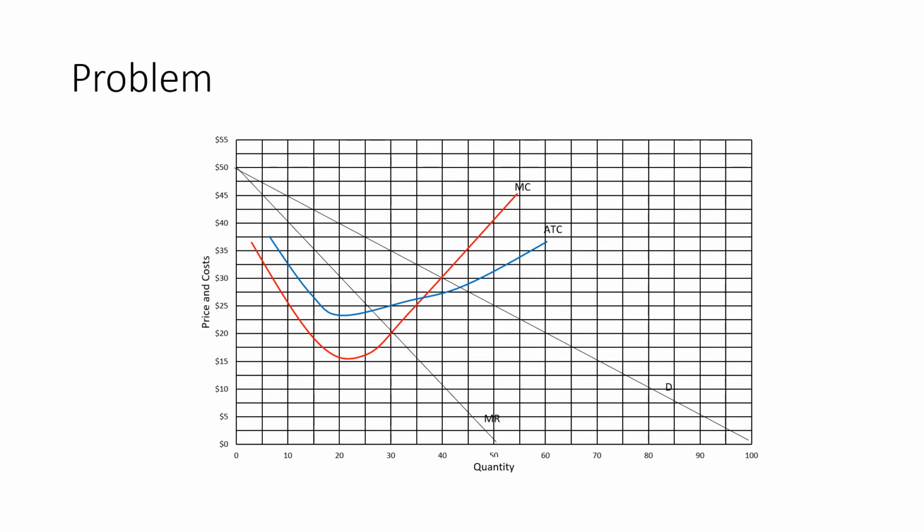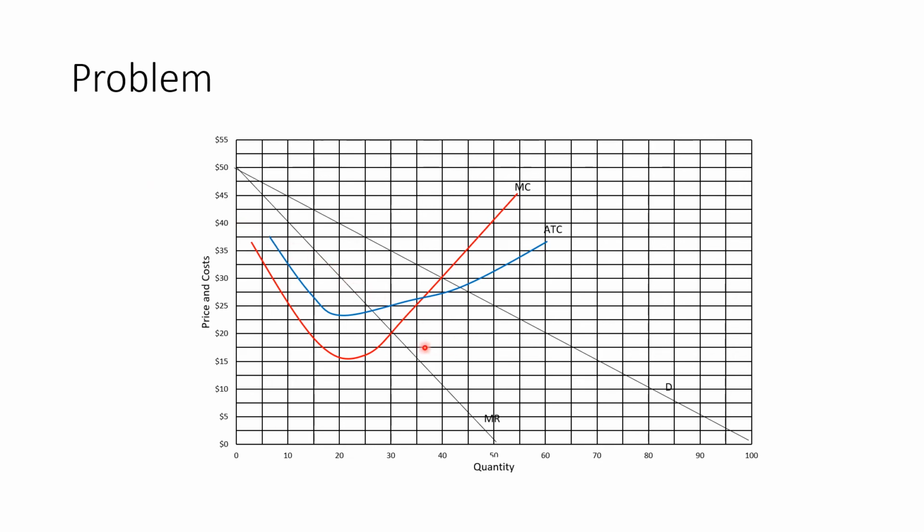First question we'll ask. This graph right here, this problem, this picture, does this represent a case for a natural monopoly? Okay, well, let's look at what happens if it's a perfectly competitive market. In a competitive market, price and marginal revenue are the same, represented by the demand curve.